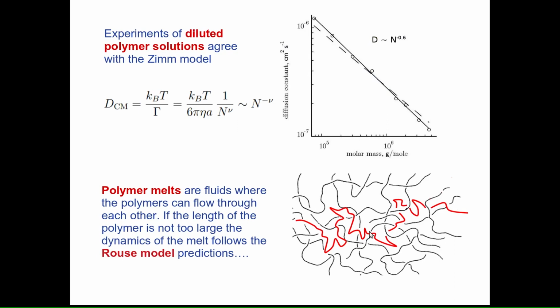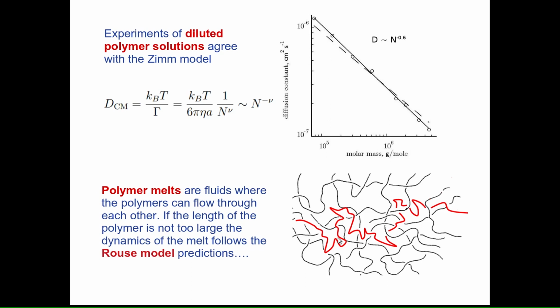Experimentally, one finds the diffusion coefficients or relaxation times as expected from the Rouse model. In this case, there are so many polymers that hydrodynamic interactions are screened by the presence of all other polymers, and one can argue that the correct model in that case is the Rouse model, right? And the Rouse behavior is found in this type of polymer melts.